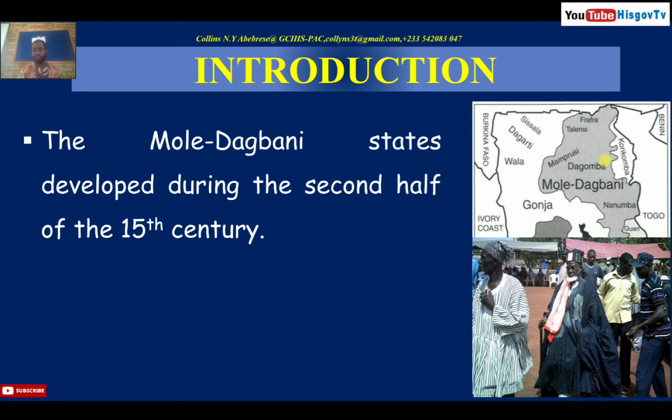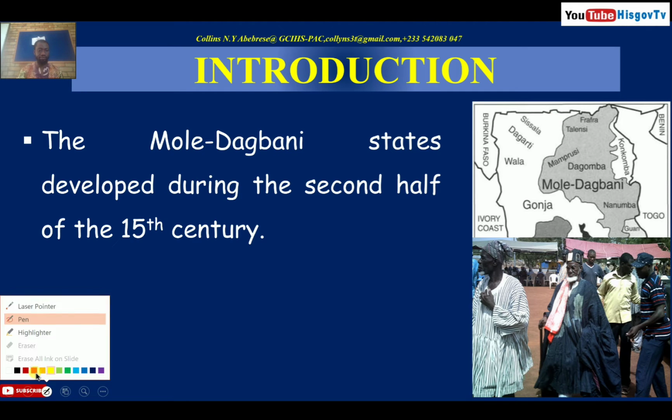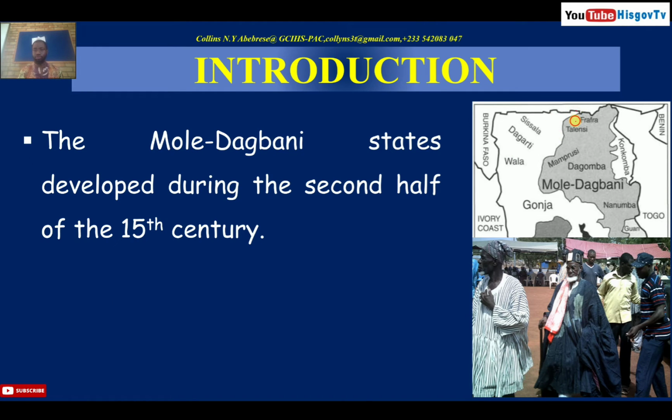As you can see in the map over here, the whole of this area is what we termed the Mole-Dagbani State. You can see quite a big kingdom, the Mole-Dagbani Kingdom.